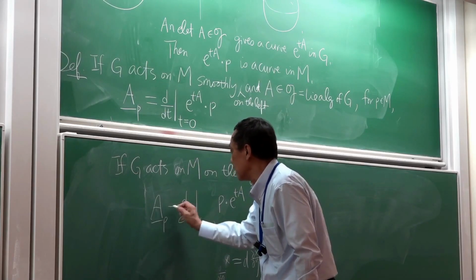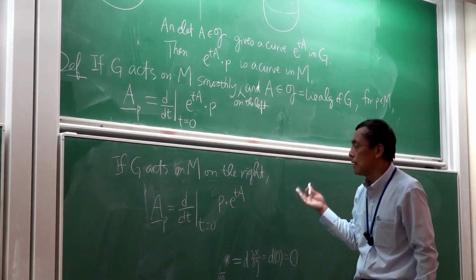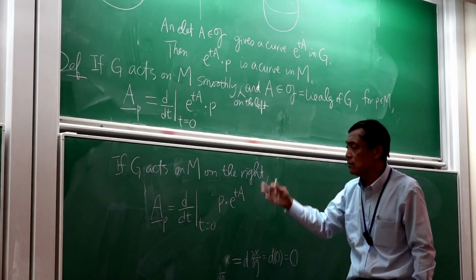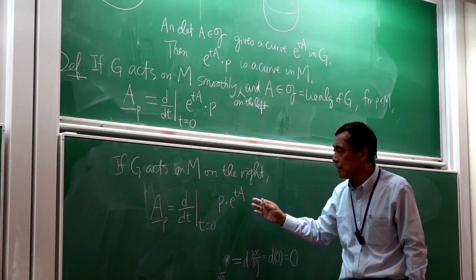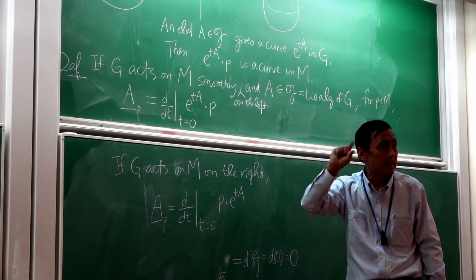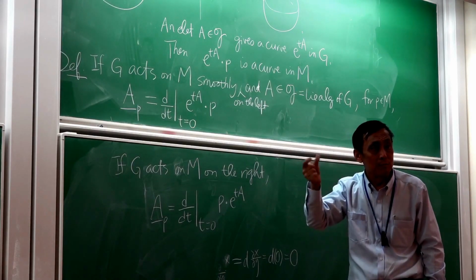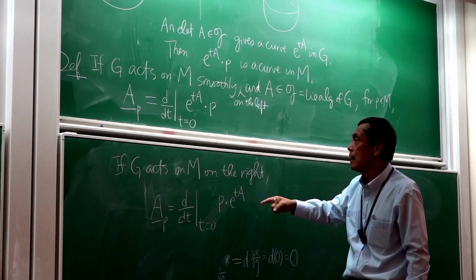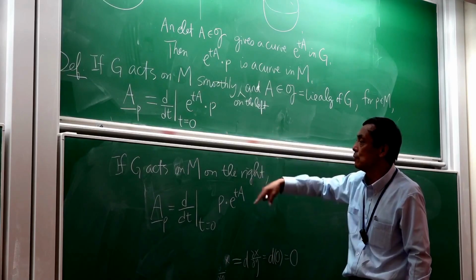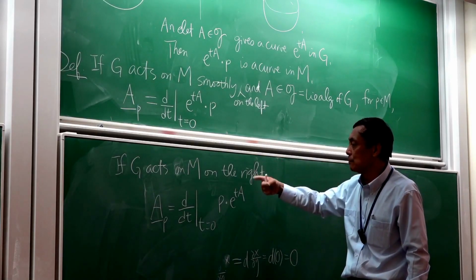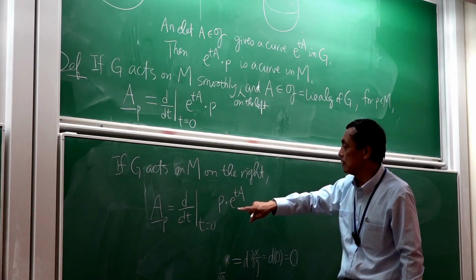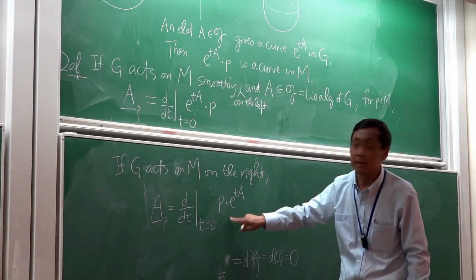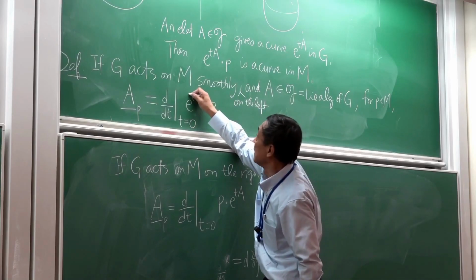However, you see, a right action can be turned into a left action. But when you turn it into a left action, you need to take the inverse so that it will remain an action. So this right action, if you turn it into a left action, it actually has a minus sign.